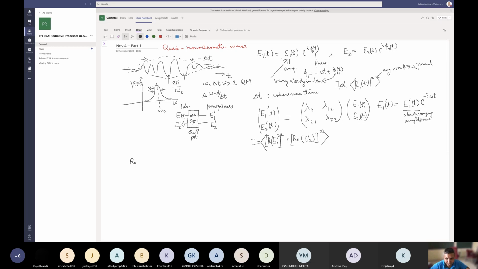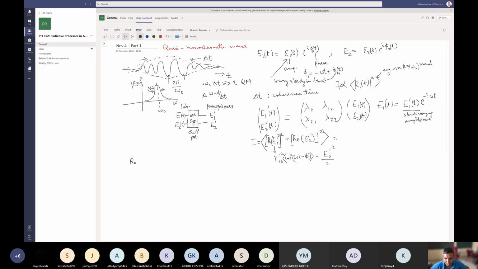So what is the real part of this? This would be something like E1 prime 0 cos of omega t minus phi. When we take the final form, this can be written like this. And when we put the square bracket, this will give you a half, as I said, so this will be E10 prime square by 2. Here E10 now is a real number.